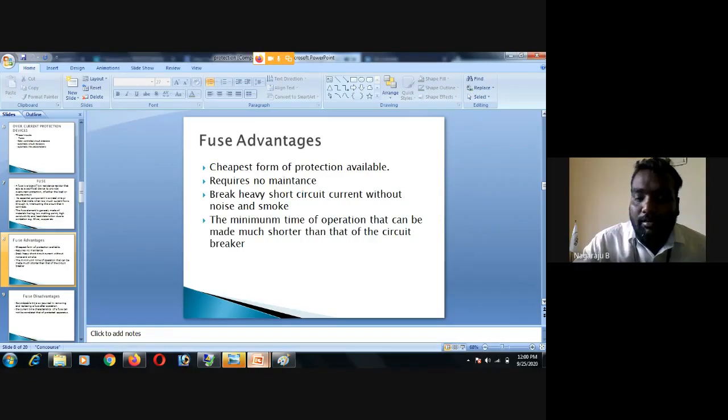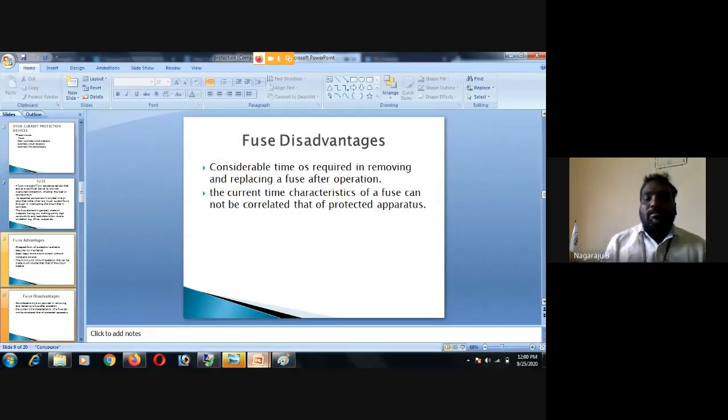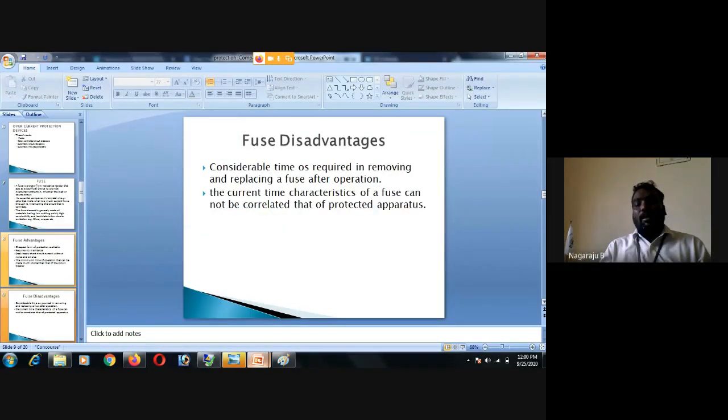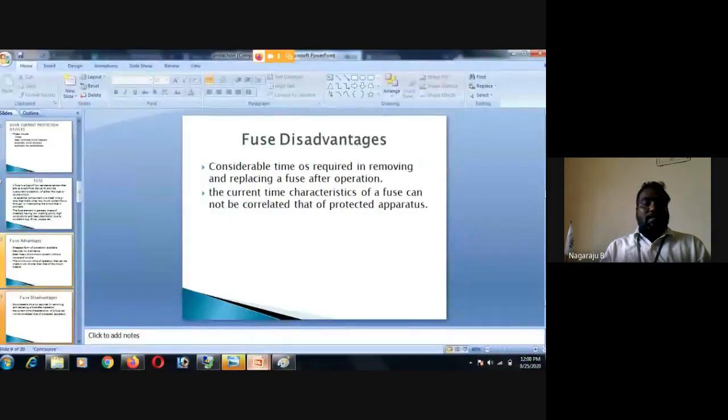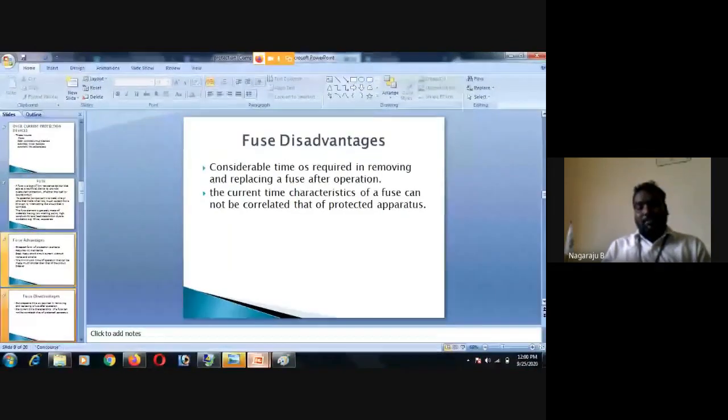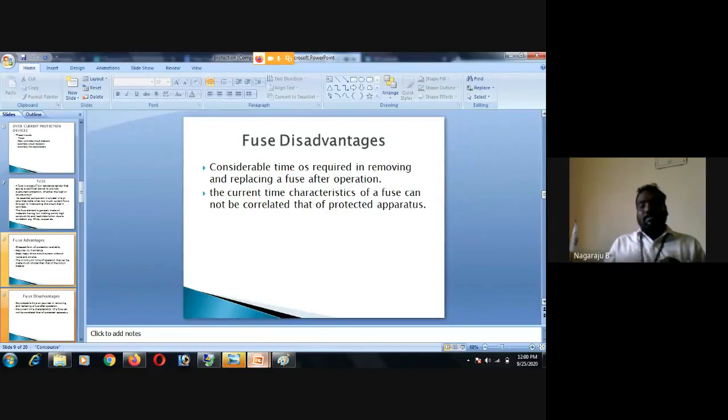And fuse disadvantages: considerable time is required in removing and replacing a fuse after the operation. It requires some amount of time.